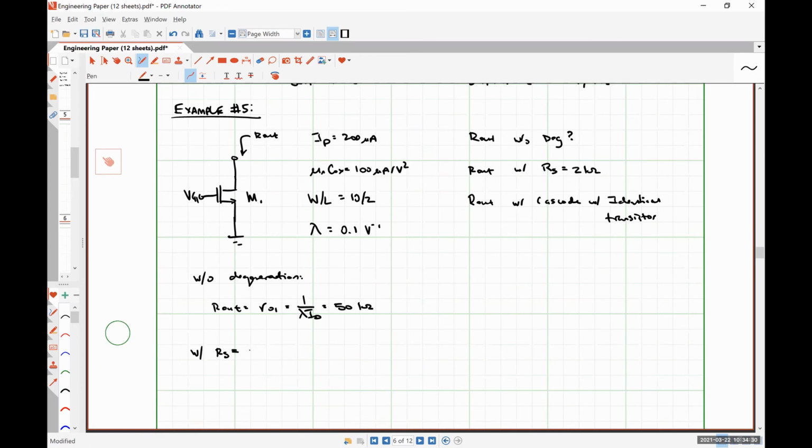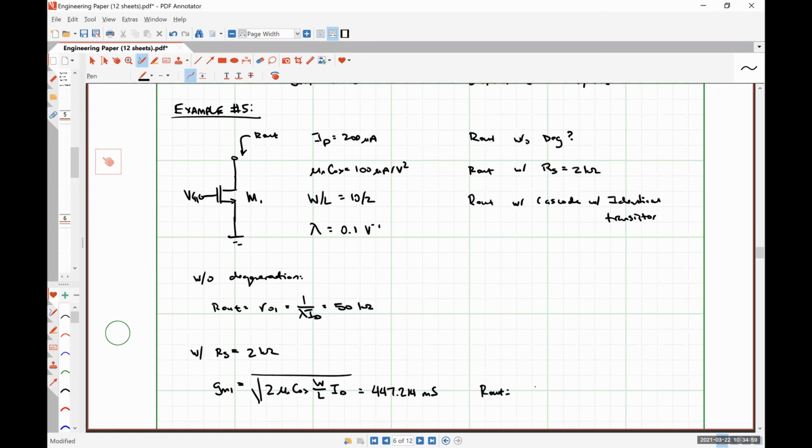With a degeneration resistance of 2 kilo ohms, we're going to need to know our transconductance. So that is root 2 mu_n Cox W over L times I_D, which gives us 447.214 millisiemens.